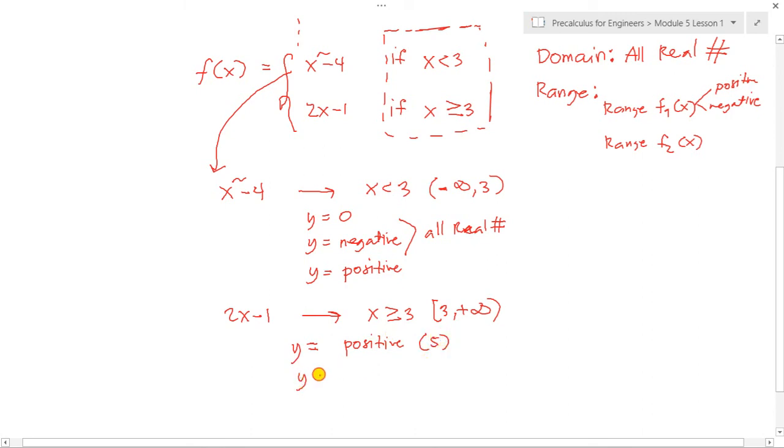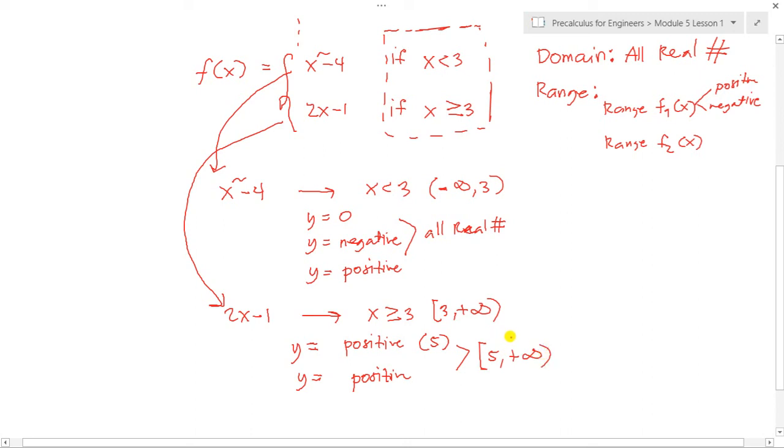How about higher than 3? 100. So di ba ang answer kay ma-positive? Okay. So asa siya mag-start sa ato ang second nga function? From positive 5 hanggang positive infinity.